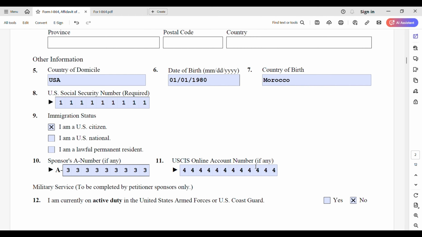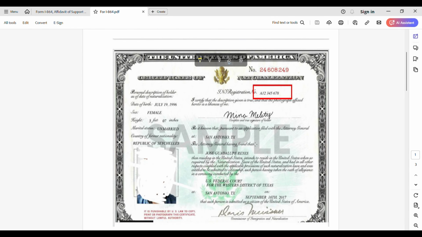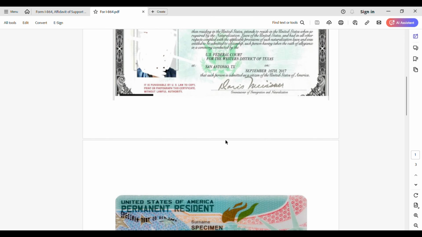USCIS online account, question number 11. USCIS online account number, if you have one. If you filed a petition online before, you will have one. And your receipt will start with IOE number. Let me show you one right here, just an example. This is for my spouse.